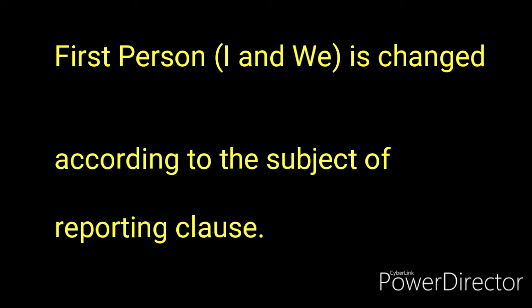The person who says something is included in first person. In English, there are two examples of it: I and we. The plural of I is we. If there is first person in a reported clause, we change it according to the subject of reporting clause.